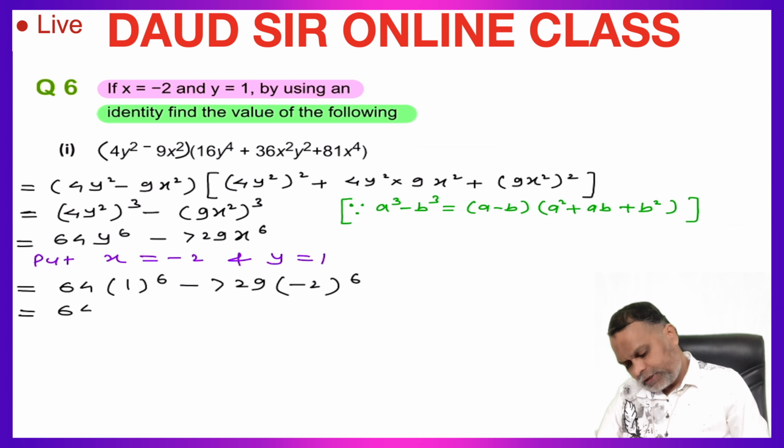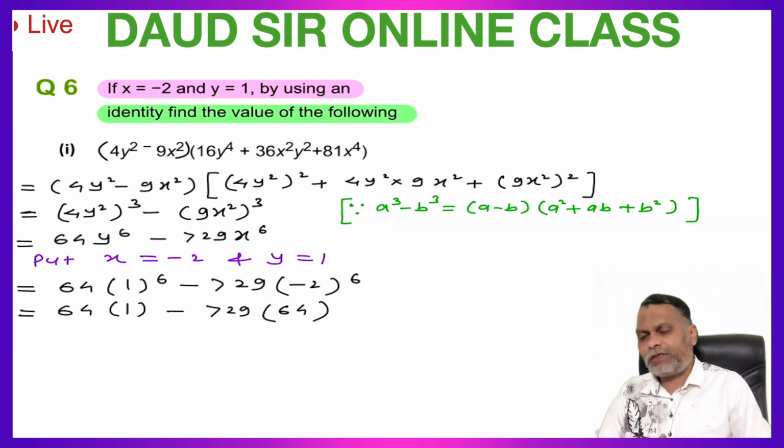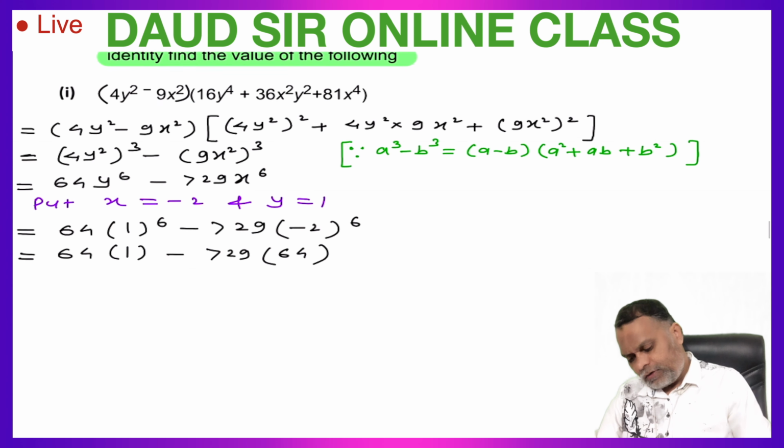Simplify this. 64 into 1 raised to the power 6, 1, minus 729 into minus 2 raised to the power 6, even power, so plus sign, and 2 2s are 4, 2 4s are 8, 2 8s are 16, 2 16s are 32, 2 32s are 64. 2 raised to the power 6 is 64. So 64 minus 729 into 64.